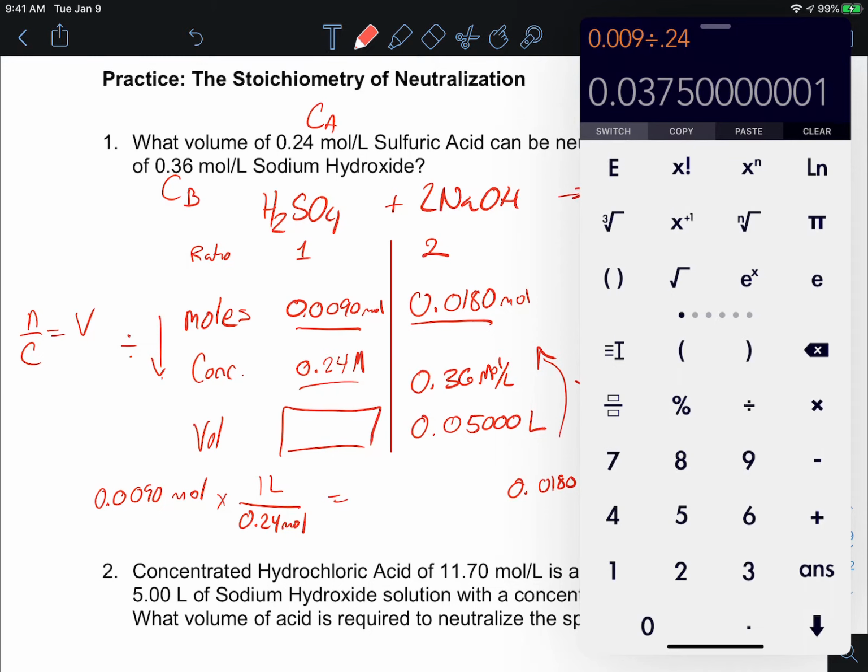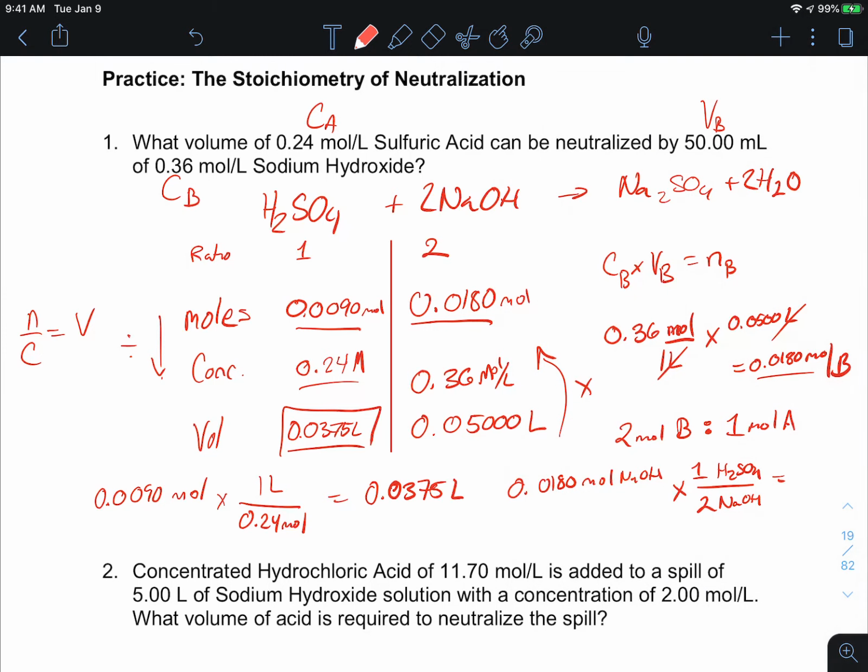And my value here is 0.0375 liters. So I can't quite neutralize as much acid as I had base, because the concentrations are different and the ratio of acid to base is not 1:1.